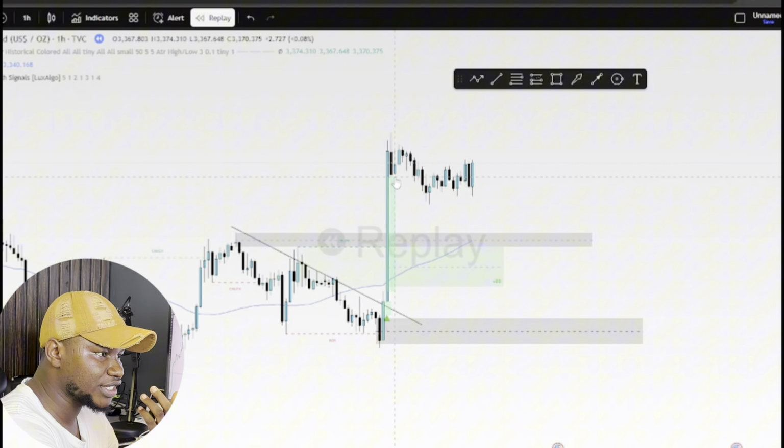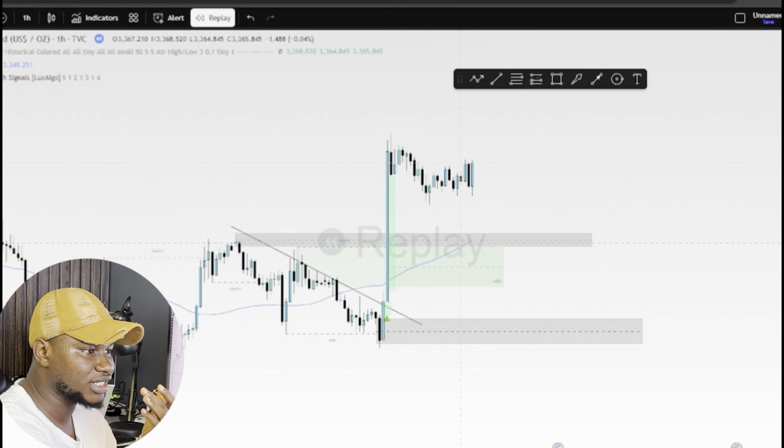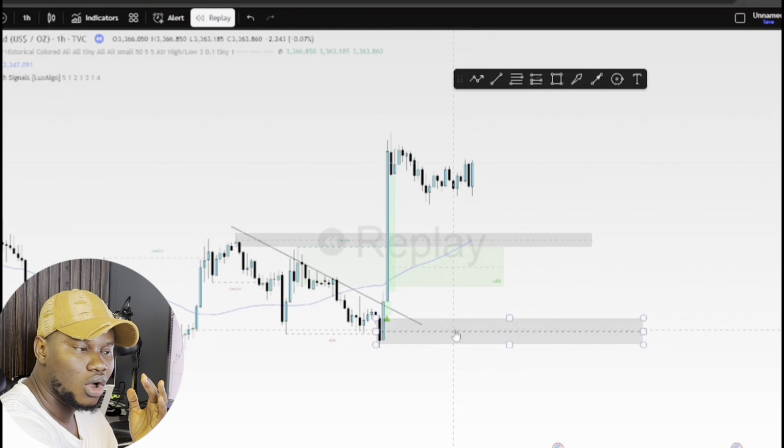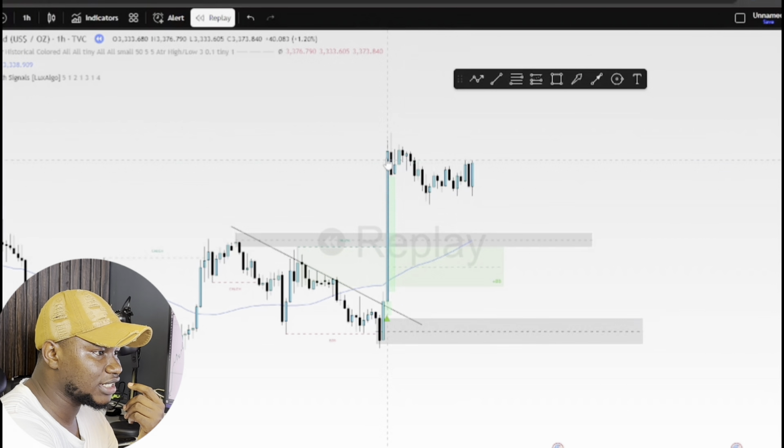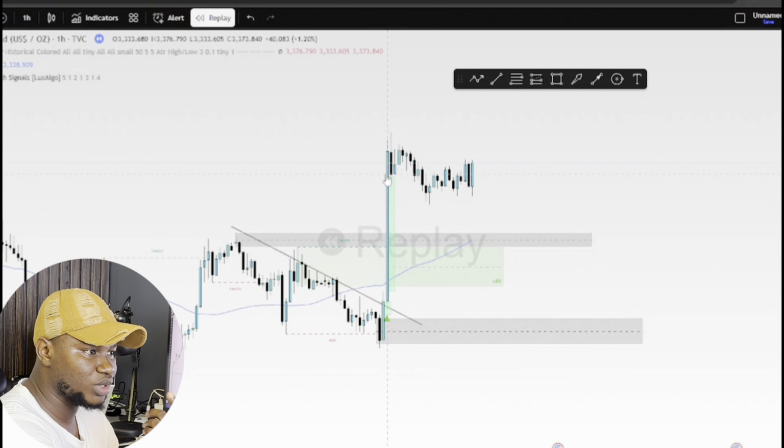Okay, so having the first inducement, we are only supposed to take our trades from the area of interest, which is supposed to be from the breaker block or the other blocks. Right now, this is the first move to the upside, and then this second move around here is what we call the liquidity. Now it's what we call the inducement liquidity.